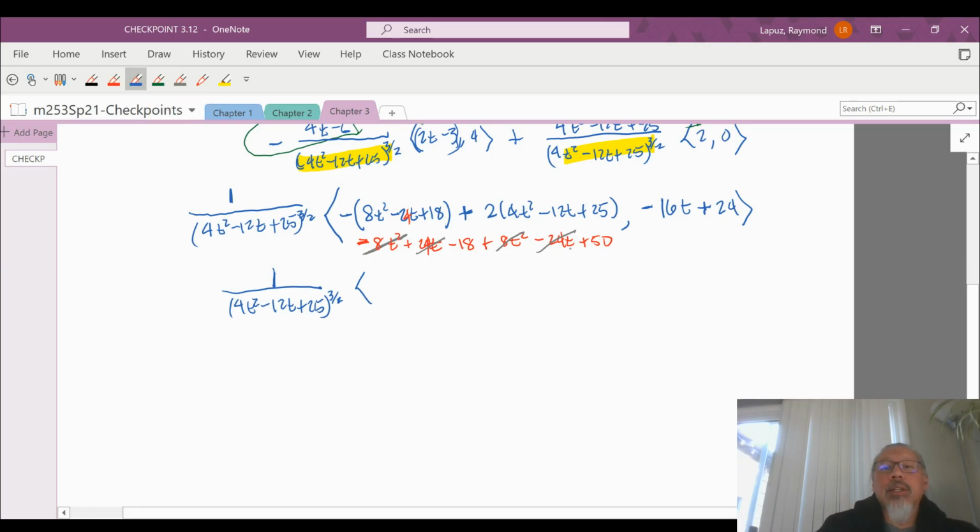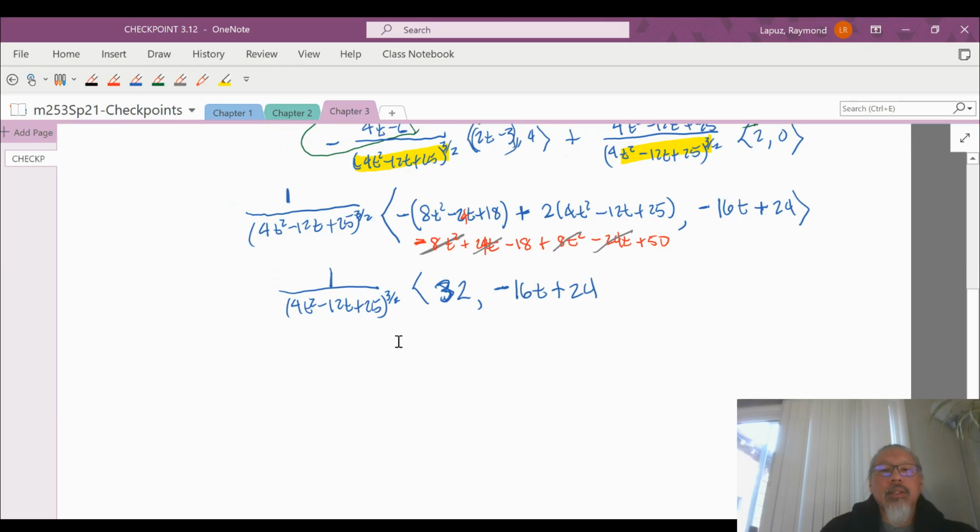And 50 minus 18, I believe, is 32, which is a constant, and then we have a negative 16t plus 24. All right, I think that's it. That is our normal vector.